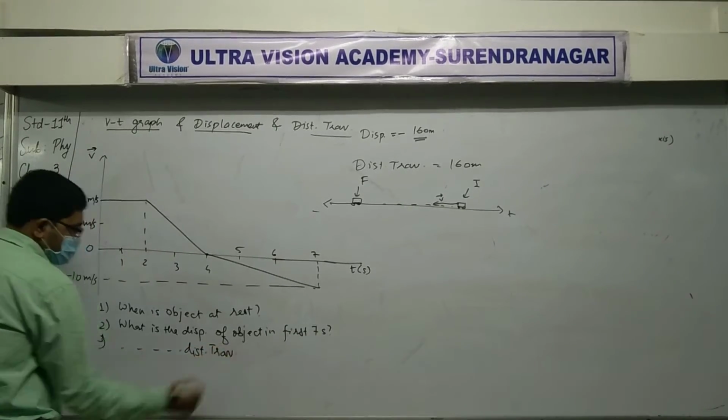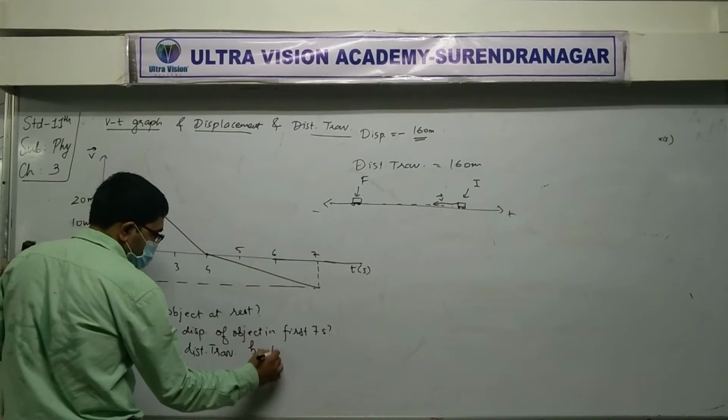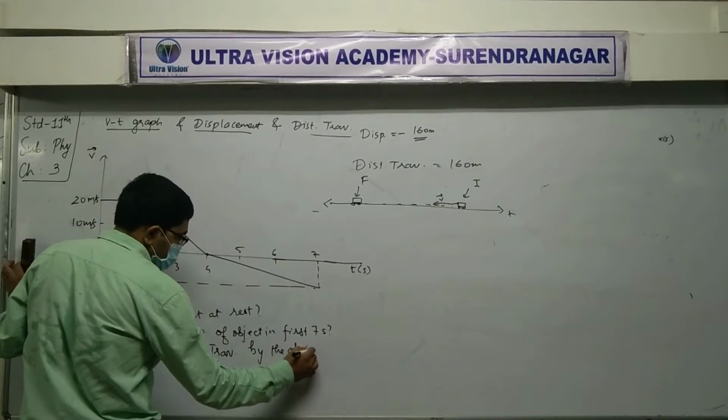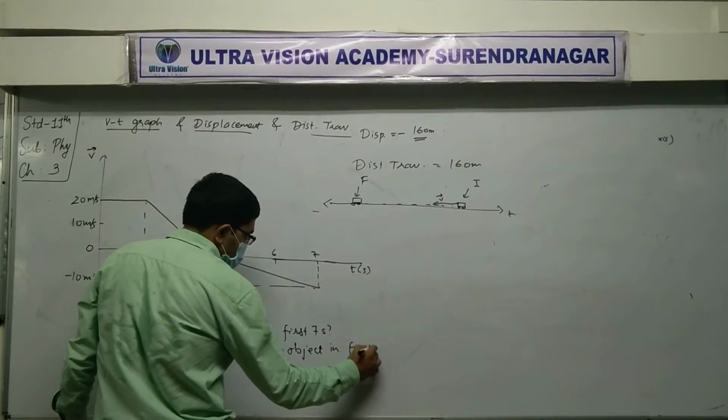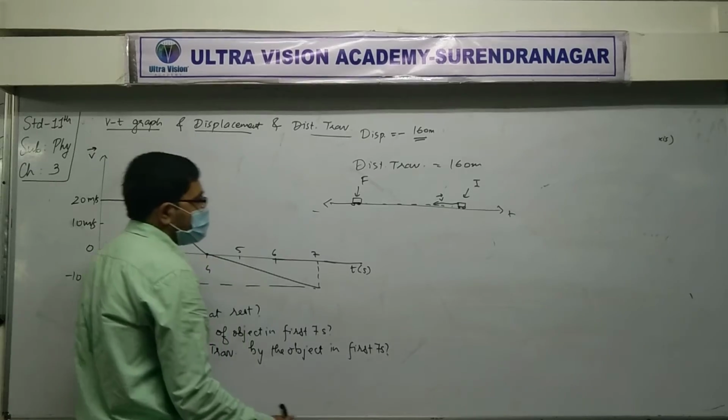What is the distance traveled by the object in the first 7 seconds?